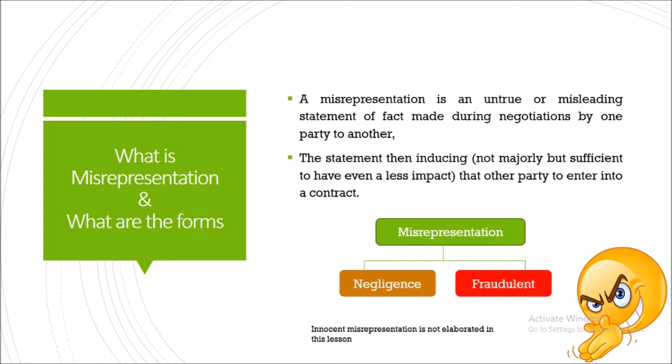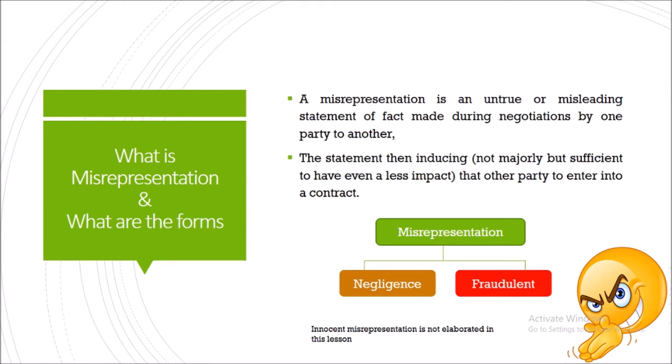So in that case, the buyer becomes innocent because he doesn't know anything about the product. If the seller tries to make a misleading or untrue statement about the particular product, that can be counted as a misrepresentation by the seller, right?